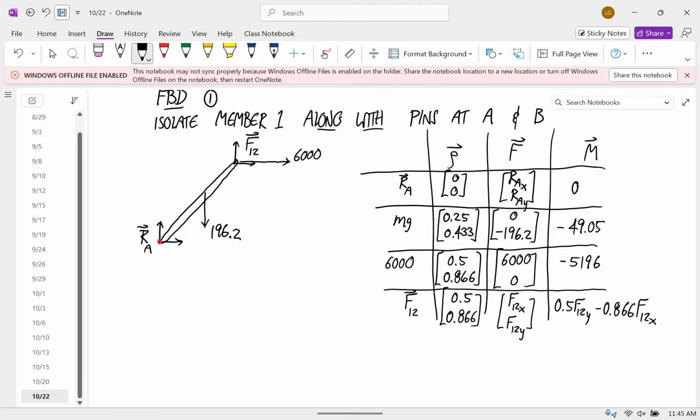Professor, how did we get the position for the weight and the 6,000? Well, we know that it's right in the middle of that. But one thing you can always do, this always works: if you can come up with the coordinates of 2 points, the midpoint between them is just the average of those 2 points.